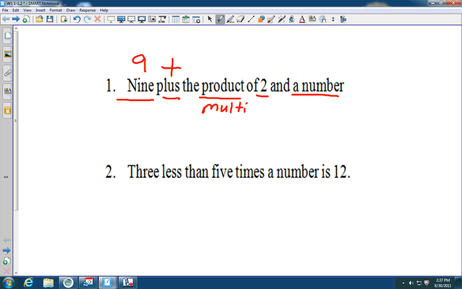Anytime they use the phrase a number, we're just using a letter, a variable. In this case, I'll use N. You can use any letter you want: N, X, T, S. So the product means multiply 2 times this letter. So my expression is 9 plus 2N.